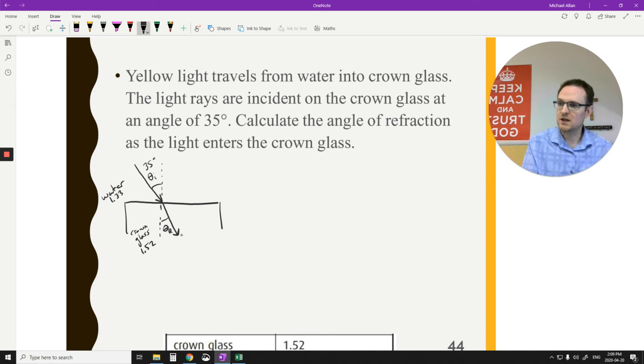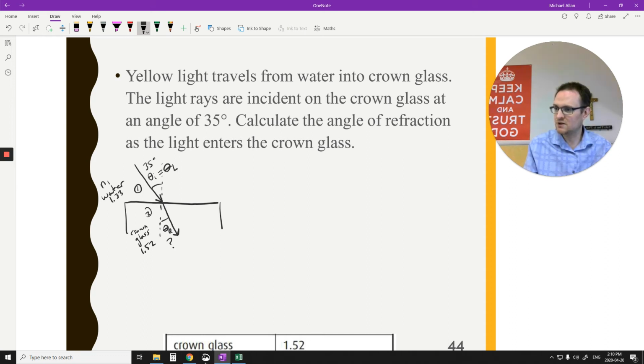Okay, so I want to know what that angle of refraction is as it enters this crown glass, so this theta r. To use the Snell's law formula, I have to know what 1 and 2 is. So you just pick either side of this surface. If I say the top is 1, that means this angle technically is now angle 1, and this n value for water is now n1.